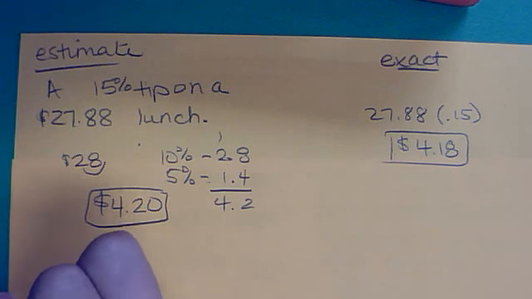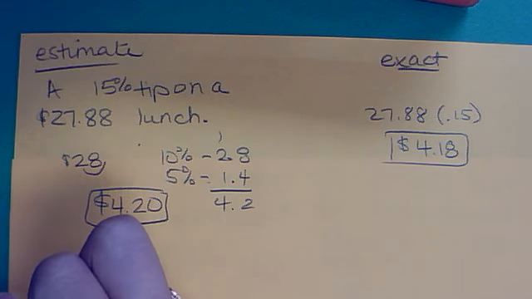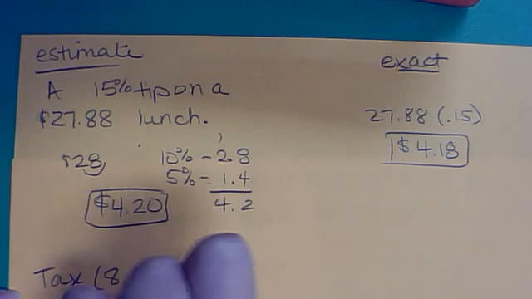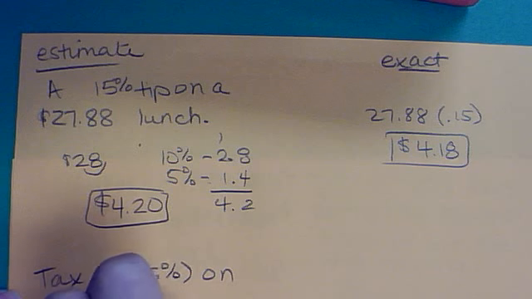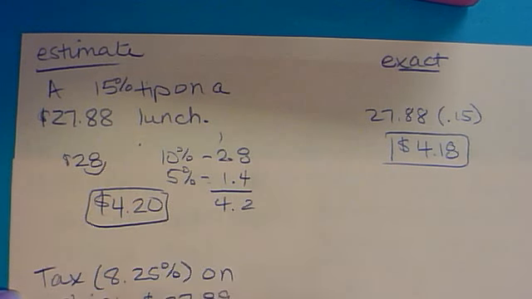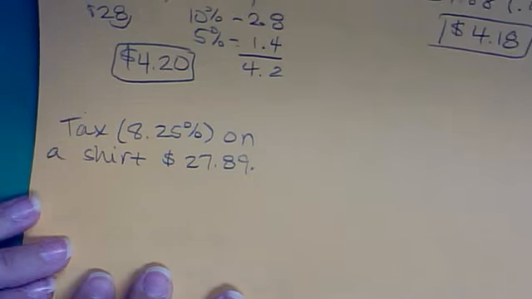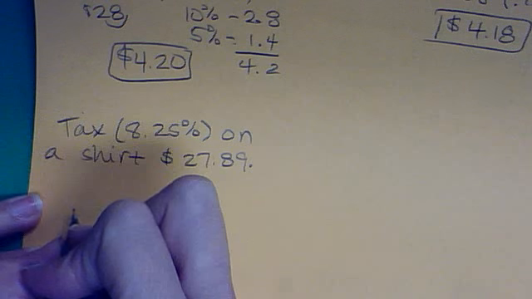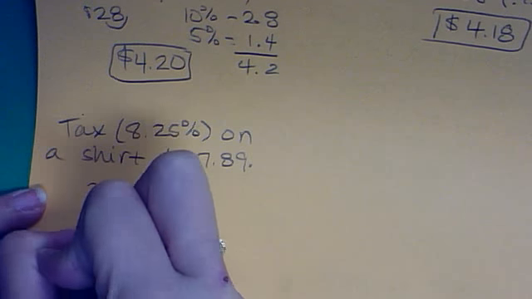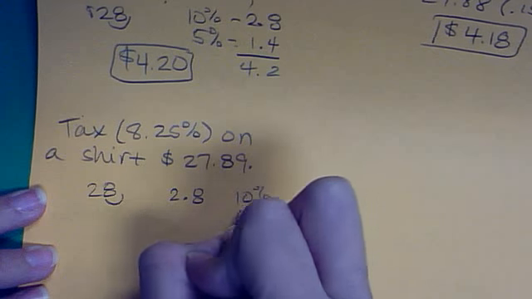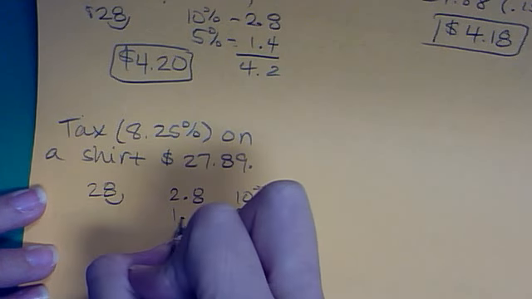Let's do one more, and let's estimate tax at 8.25% on a shirt that costs $27.89. Okay, let's start by finding 10%. So if it's about a $28 shirt, 10% would be 2.8. Half of that would give me 5%, which would be 1.4.